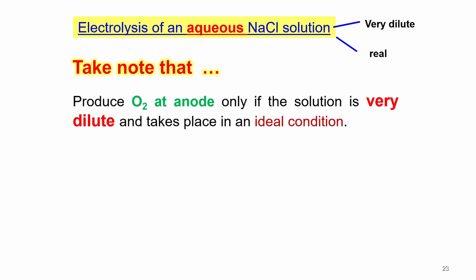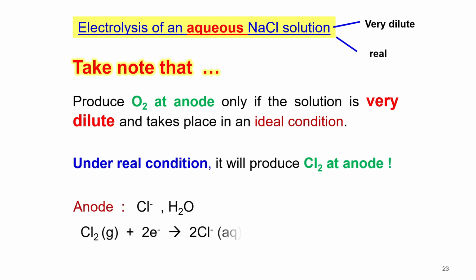So kalau concentrated, faktor concentration tu akan effect di anode. So dia akan pilih Cl- untuk being discharge. Okay, kalau soalan tu bagi tahu aqueous meaning dia ialah concentrated. So real condition ni meaning concentrated.